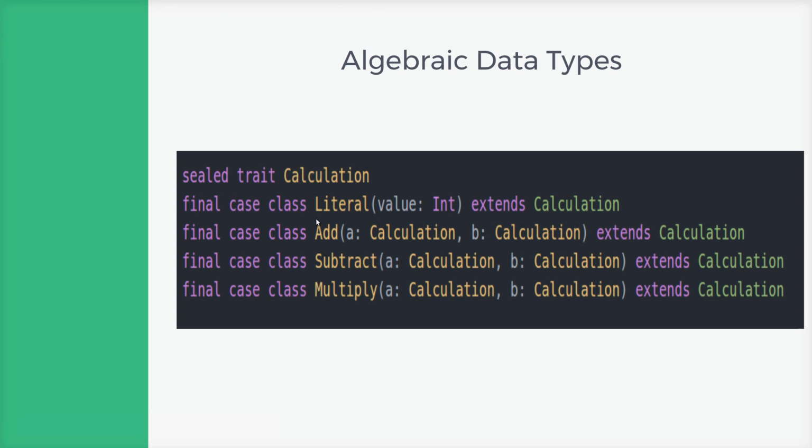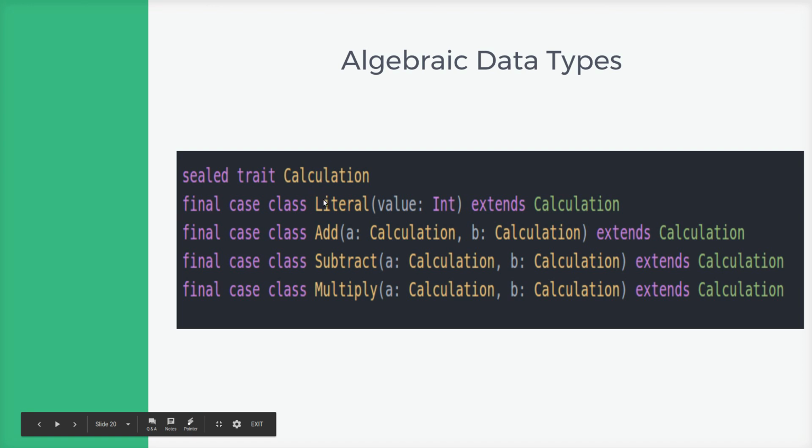One important thing is that we have prepended the sealed keyword. Sealed means the Scala compiler will look at every subclass of Calculation in the same file where Calculation was defined. This is very useful for algebraic data types, and we are going to see an example. We declare the case classes final because we don't want anyone else to indirectly extend this calculation.